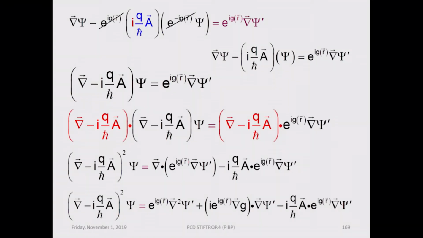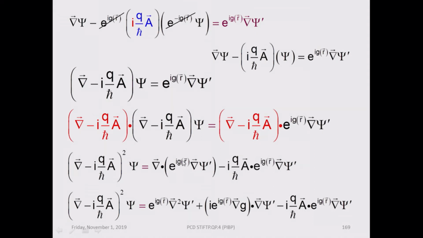So, if you look at the first term, which is this. This is the divergence of a product of a scalar function which is e to the igr times a vector function which is del psi prime. So, this is the divergence of this product.